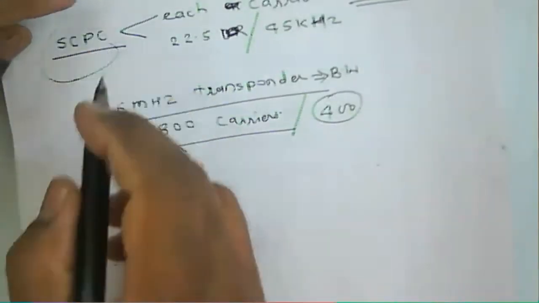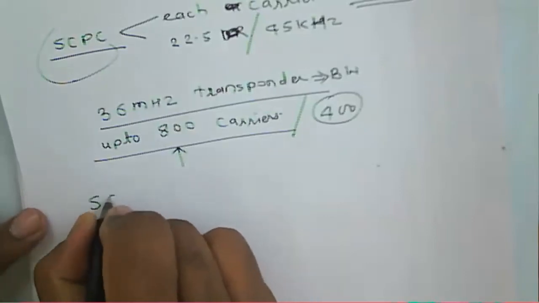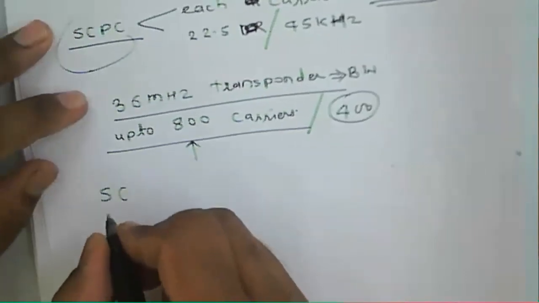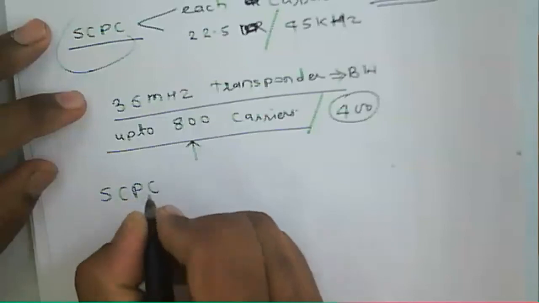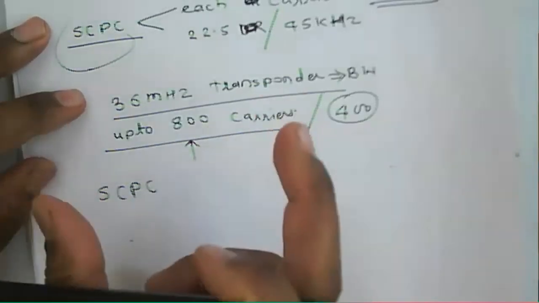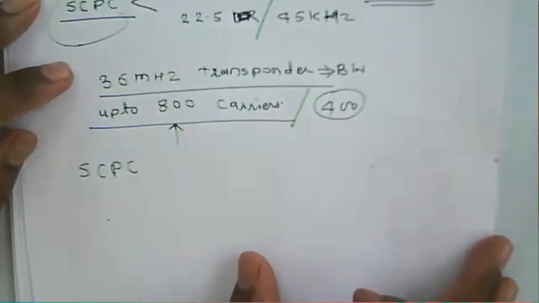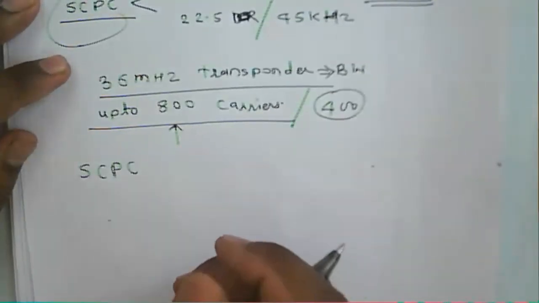Instead of that, if there are multiple channels or multiple carriers, we can use the SCPC system along with a demand assignment equipment system.